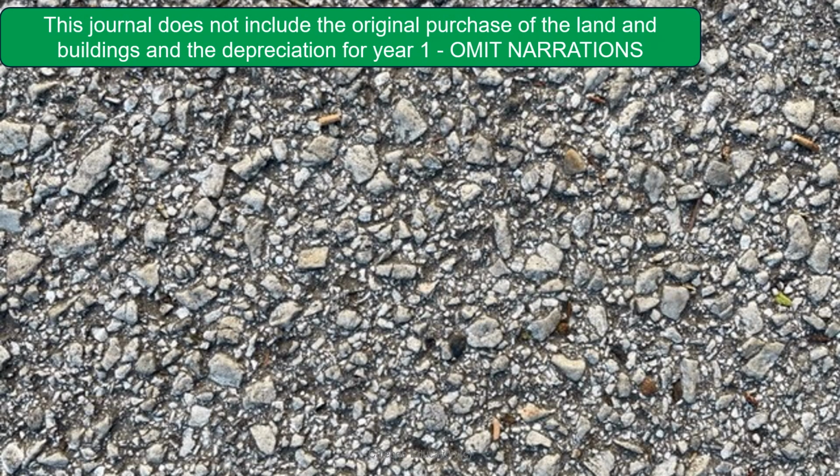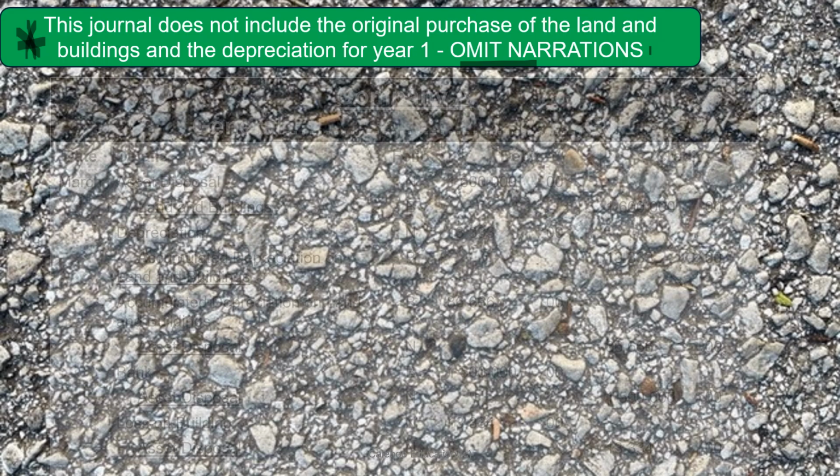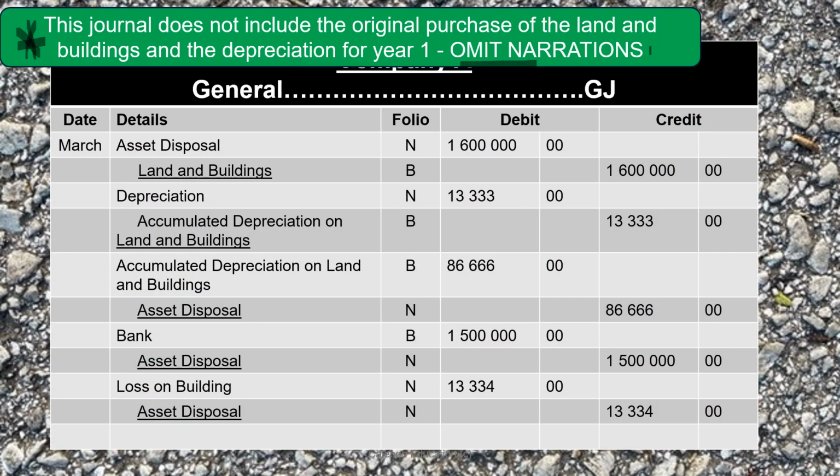Now what I've gone and done is all the transactions that relate to, in inverted commas, the asset disposal, I've put in the general journal, and I've said omit narrations, leave out the story. So there I debited asset disposal, I credited land and buildings. That was the transfer of the historical cost price of the building that burnt down. I depreciated up until the day that the building burnt down.